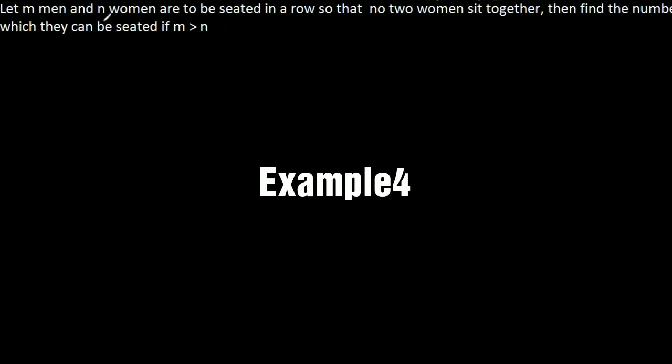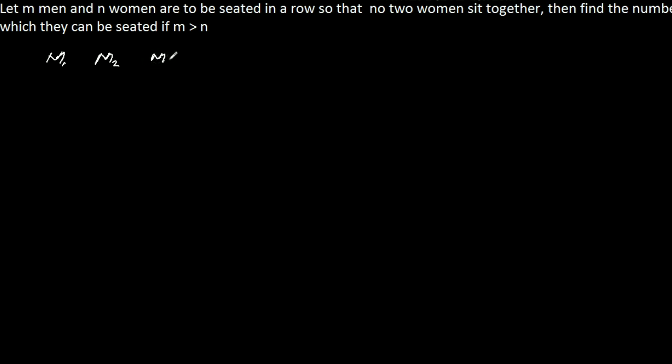So example number 4: let m men and n women be seated in a row so that no two women sit together. Then find the number of ways in which they can be seated if m is greater than n. This can be done in a way that between every two men there must be a vacant seat for a woman, so that no two women sit together. So we have to make m1 blank seat m2 blank seat m3 and so on to mm.